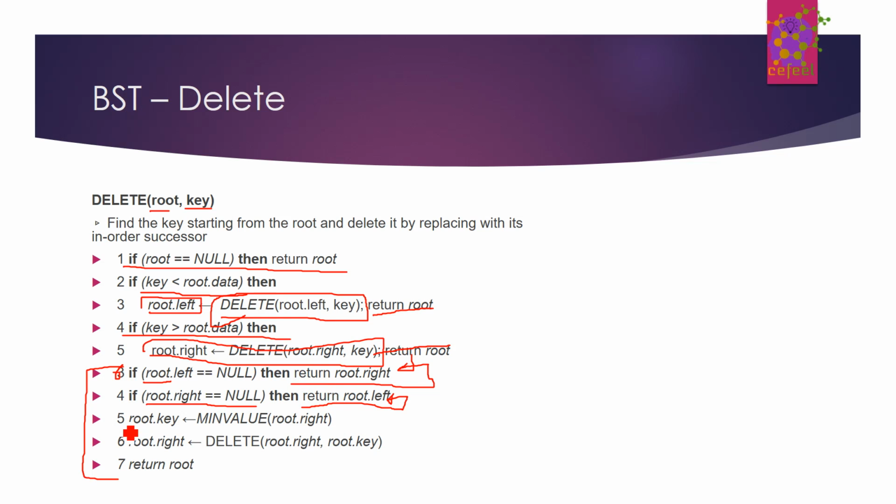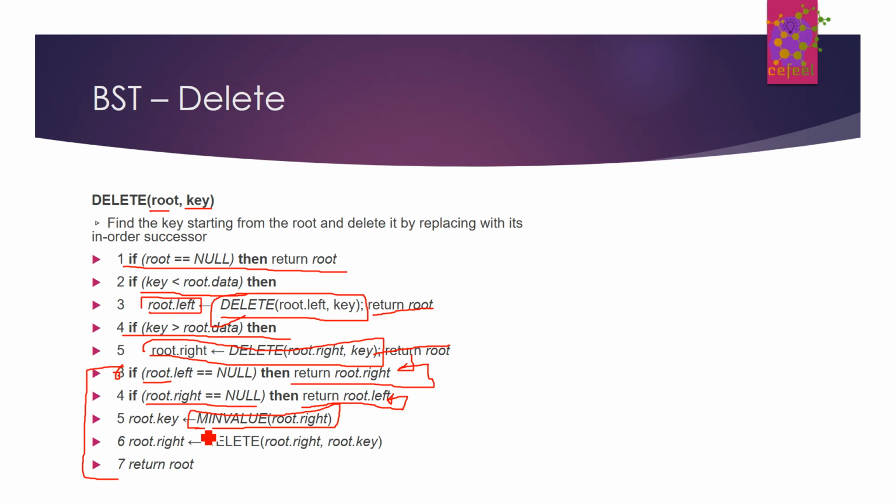Now what if the node to be deleted has two children? In this case we call a special process, which is min value. It finds the minimum element of the right subtree, and that is what the current node needs to be swapped with. So first we call the min value process, which we will see shortly.